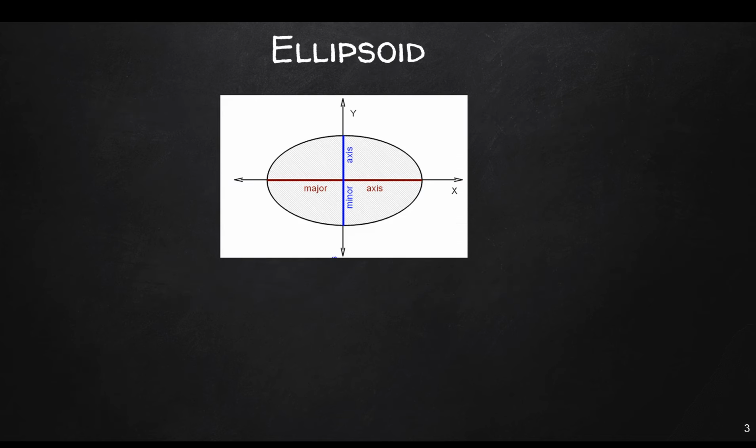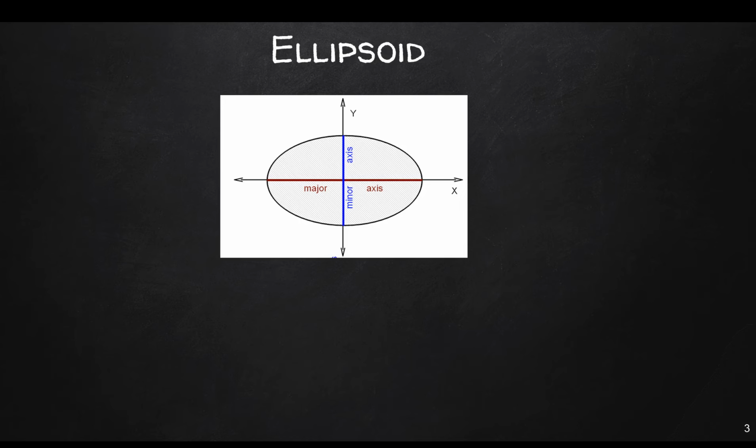The degree of ellipticity, or the flattening of an ellipsoid, an ellipse or a spheroid, whichever you want to call it, can be expressed as a fraction or decimal measuring the difference in the length of the two axes. Here we have the two axes shown in this picture. The major axis is the longest of the two axes, and it is on the x-axis.